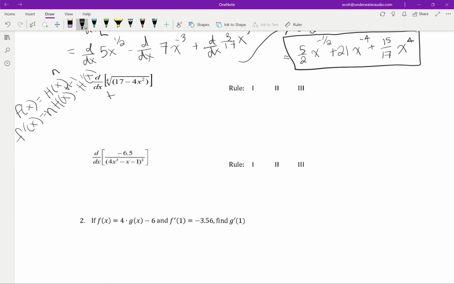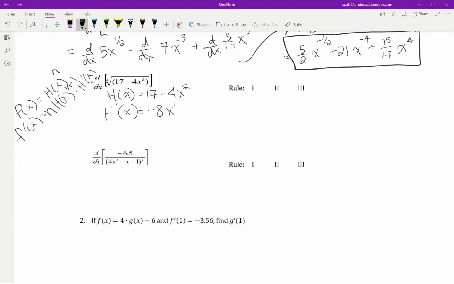H of x is the part in the middle, which is 17 minus 4x squared. And while I'm at it, I might as well take the derivative, h prime of x. Derivative of a constant is 0. And then for minus 4x squared, 2 times negative 4 is negative 8x, since 2 minus 1 is just a 1.